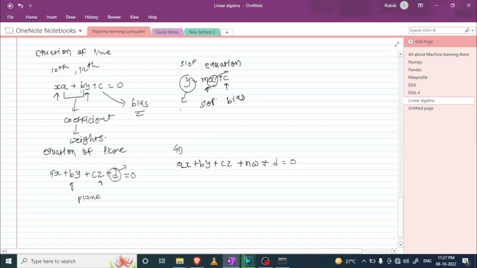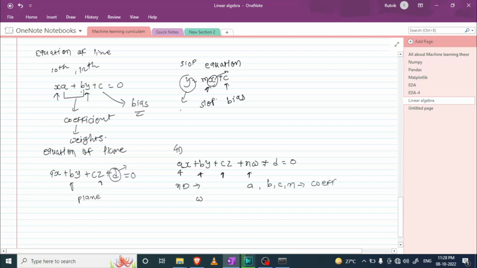So how can we write a general form of equation for n-dimensional data? Here a, b, c, n are the coefficients.